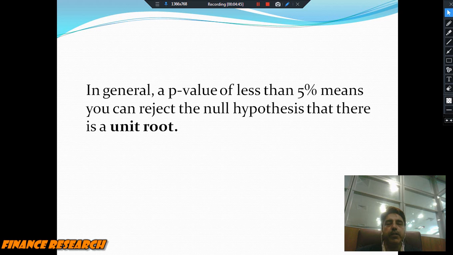The alternative hypothesis will be accepted if the p-value is found to be less than 0.05. So you can say either you reject the null hypothesis or you accept the alternative hypothesis. Both are the same. Once you reject the null hypothesis, that means obviously the alternative hypothesis will be accepted.